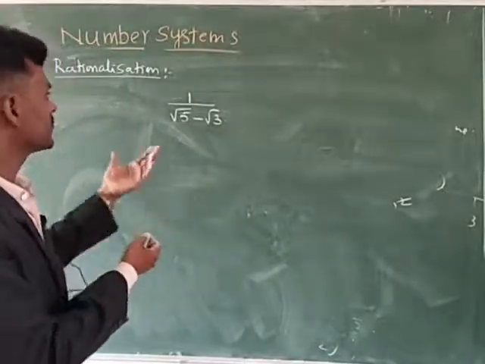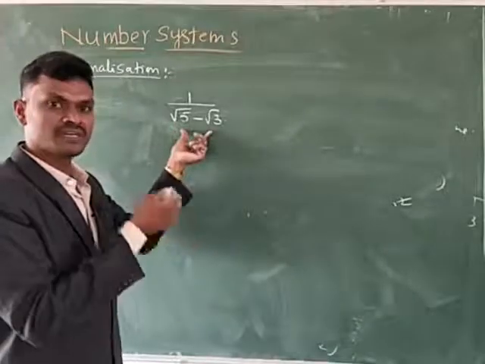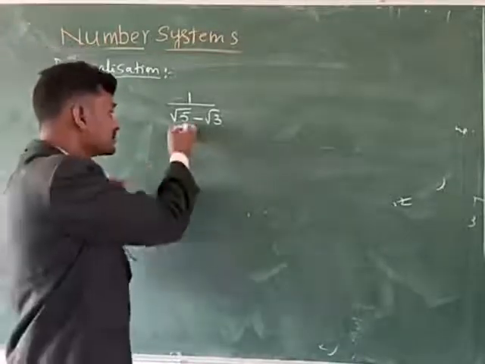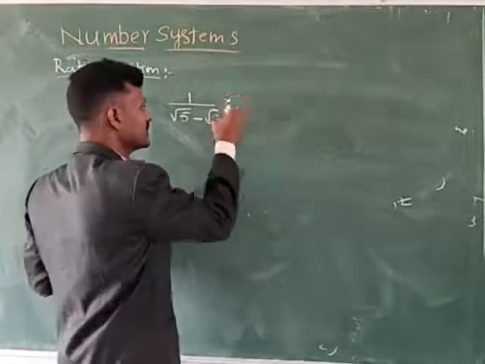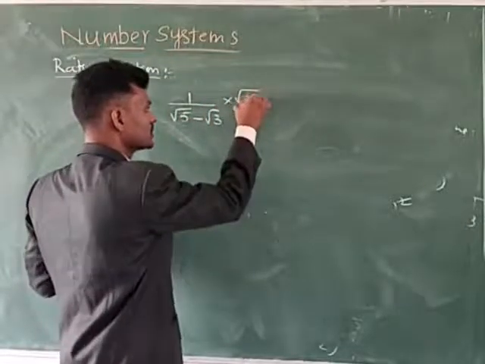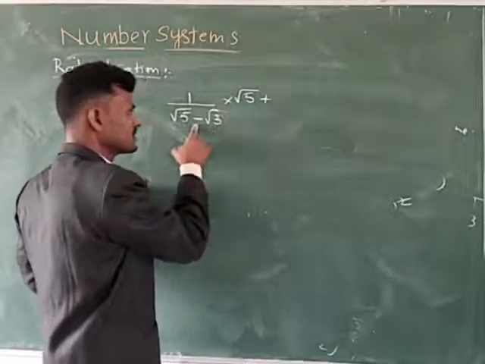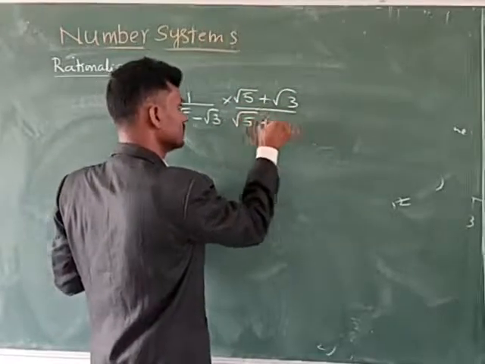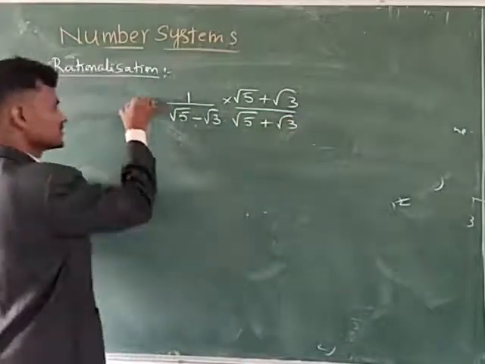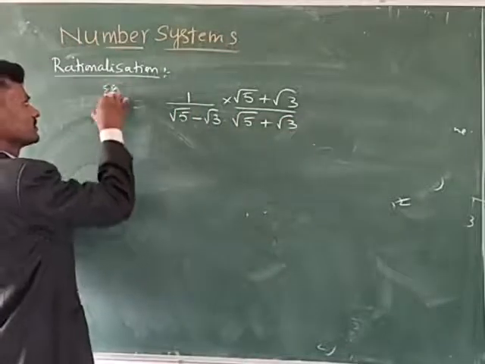First you have to find the rational factor. Which one is the rational factor? You multiply so that the denominator becomes a rational number, not the numerator. Here you change the sign, minus instead of plus, and multiply both numerator and denominator. Now see here, this is example 1.